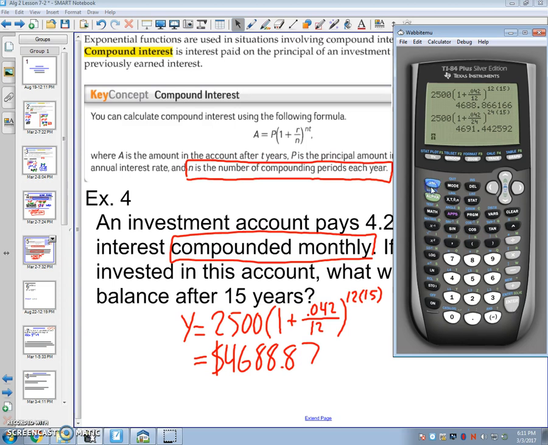Basically, the more times you do it, and there's technically a daily one as well, say I do 365 times per year, he'll get even more money, $2 more. But the more times you compound it, the more times you check interest, the more money the person will make.